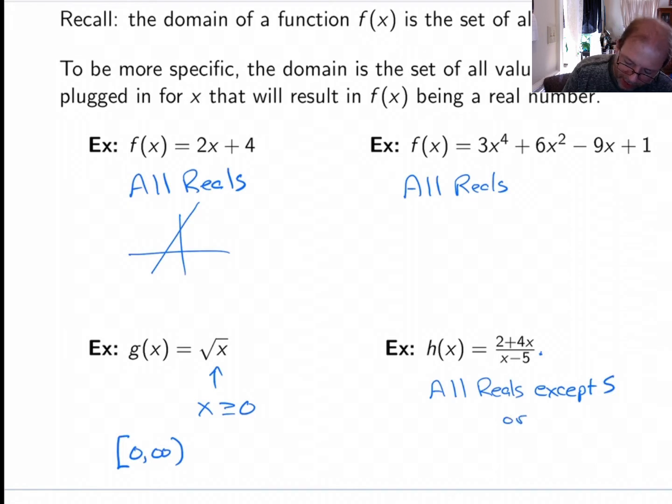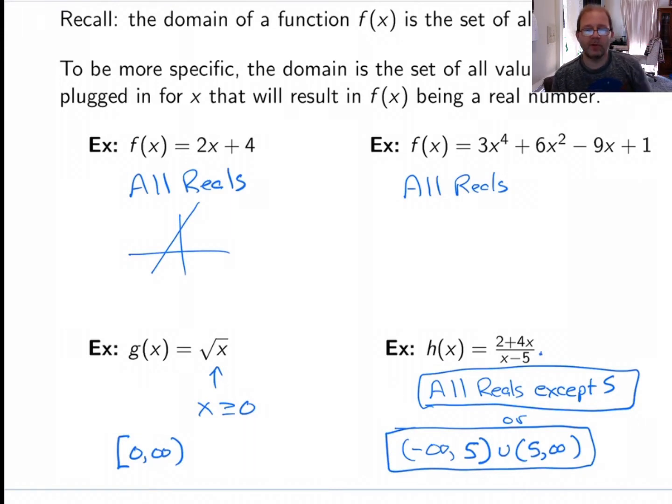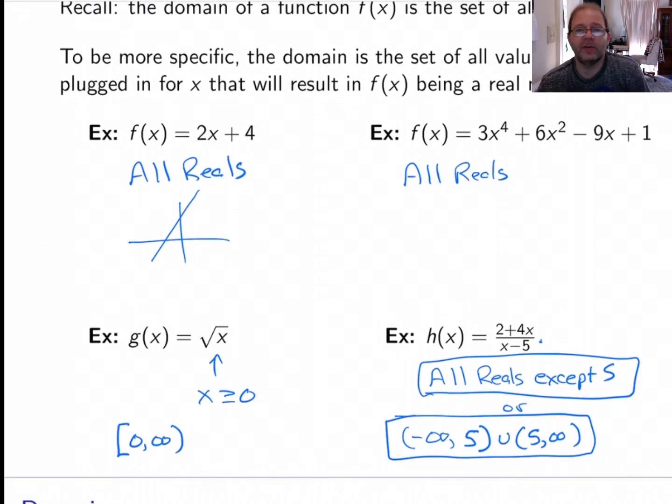Or if we wanted to write that using interval notation, we could say that's everything from negative infinity up to 5, but not including 5, together with everything from 5 to infinity. So either one of these is a perfectly good way to write this. I would probably just go with all reals except 5 because it's shorter. Go with either one.